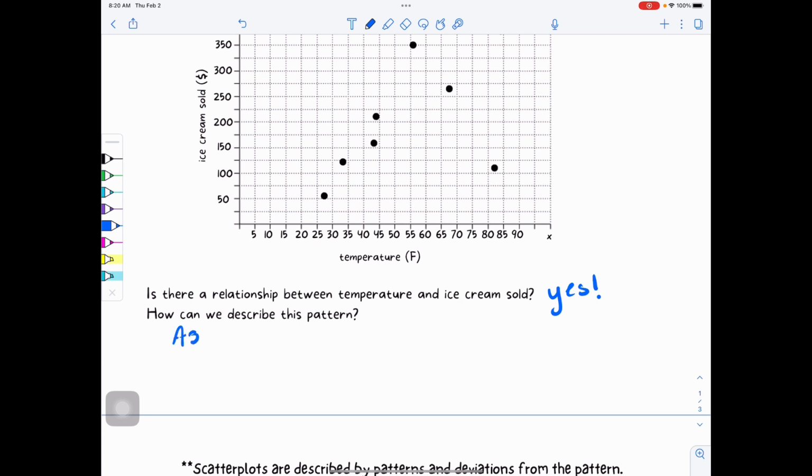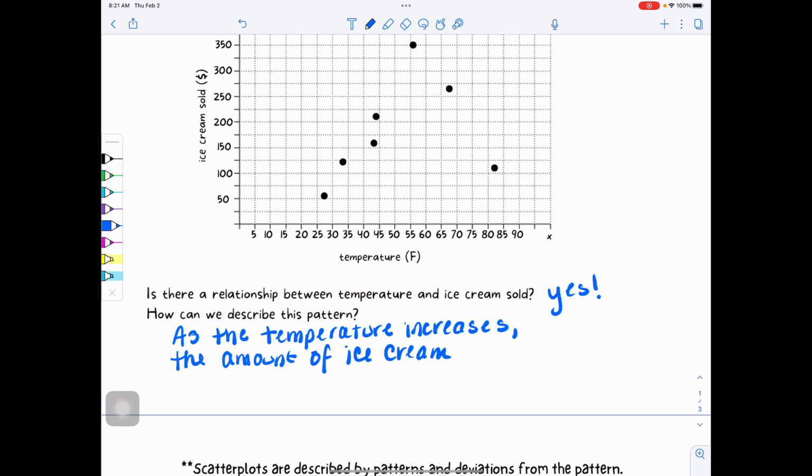So I'm going to say as the temperature increases, the amount of ice cream sold also increases. So that's describing the relationship.